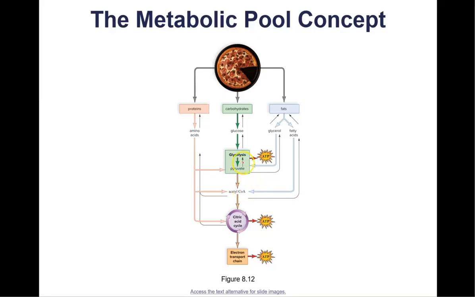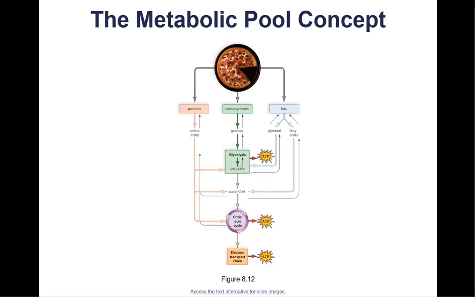They might enter glycolysis, they might enter the prep reaction, or sometimes amino acids can enter the citric acid cycle directly. But basically, the breakdown products from proteins, carbohydrates, and fats are going to enter the cellular respiration at some point and be used to produce ATP.